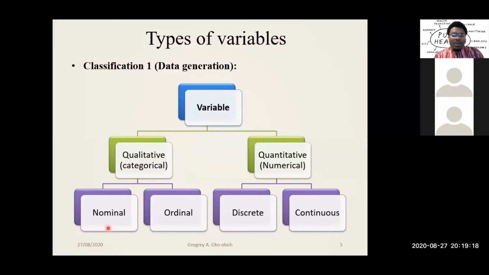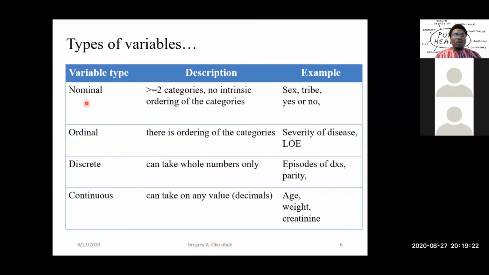So let's see if we can appreciate these four types of variables. What's a nominal variable? A nominal variable is any variable whose values, whether measured or counted, can be classified into two or more categories.